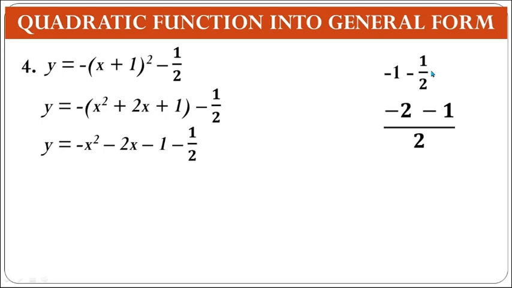Don't forget our operation, subtraction. Now combine: negative 2 minus 1 is negative 3 over 2. That is our result. So our final general form or standard form is y is equal to negative x squared minus 2x minus 3 over 2.